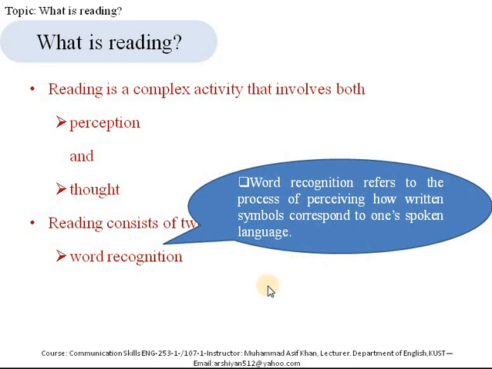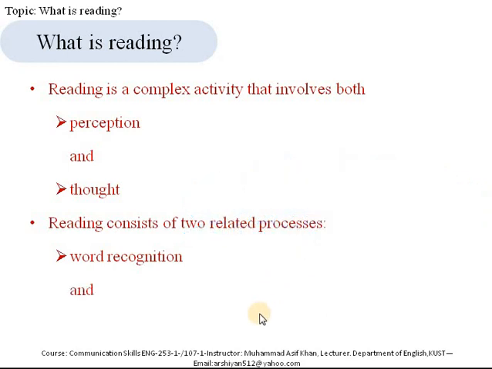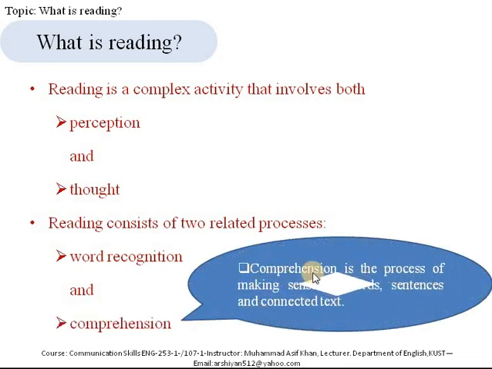And the second part of this process is comprehension, in which we are making sense of the words, the sentences, and in totality the whole text which we are reading.